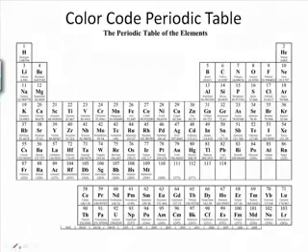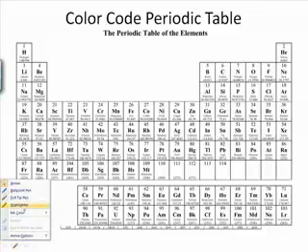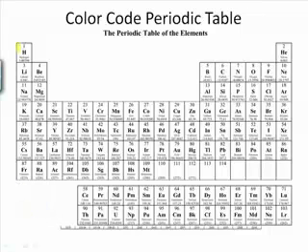So we're going to get our highlighters going. First I want you to highlight this area of group 1 and group 2, and we're also going to include helium in that, okay?